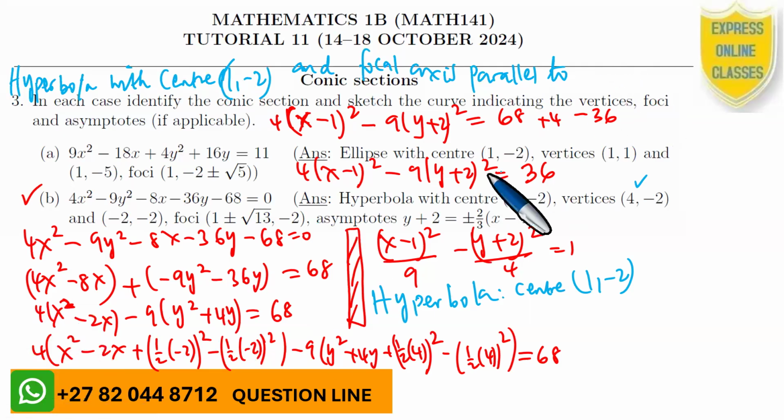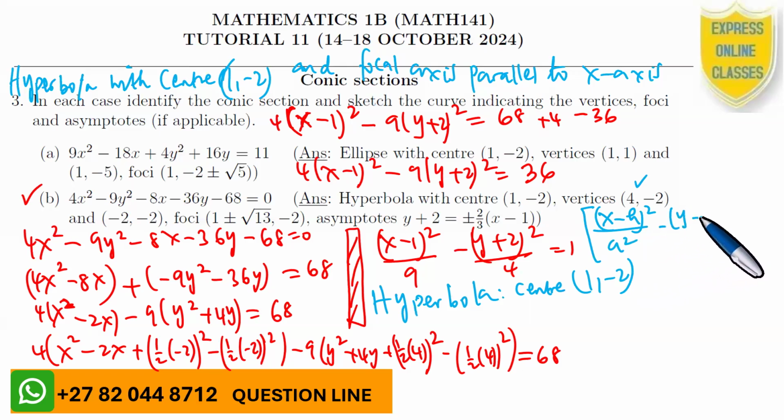The formula we use for this one is (x minus h) squared over a squared minus (y minus k) squared over b squared equals 1.